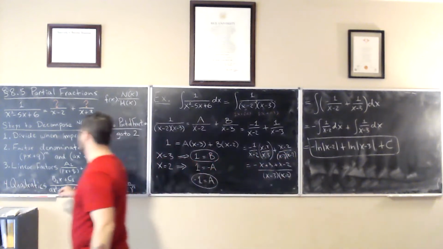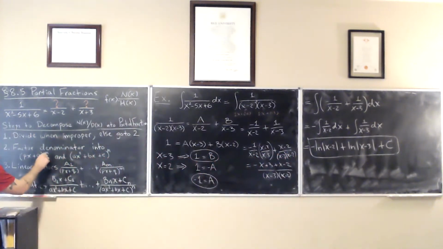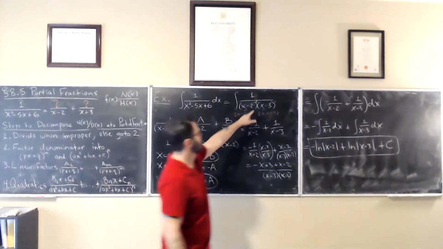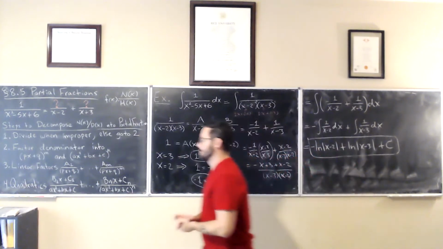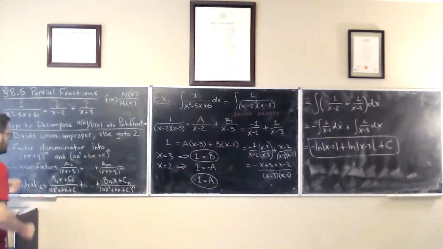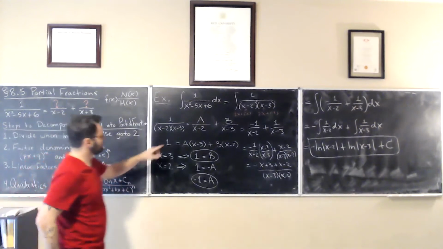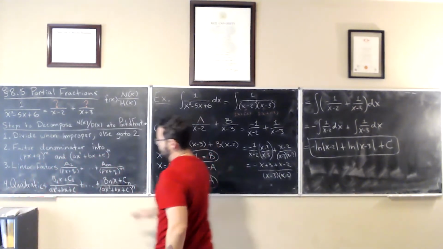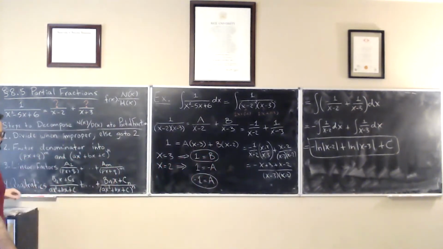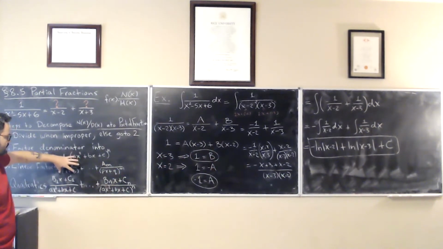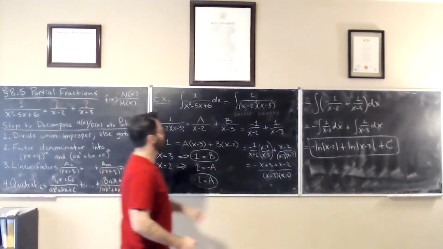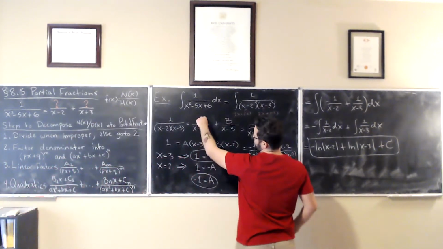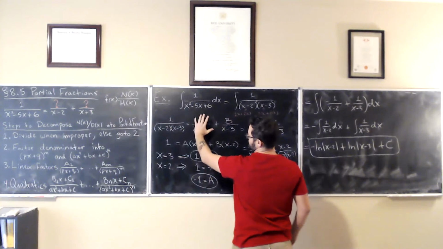But then notice here that for the linear factors, this m right here was equal to 1. This one only appeared one time, this one only appeared one time. So then, what did we do? We set this equal to, there's no quadratic, so we ignore that, a variable over the linear factor, all the way up to m. Well, m only went to 1, so we do variable over linear factor, stop.